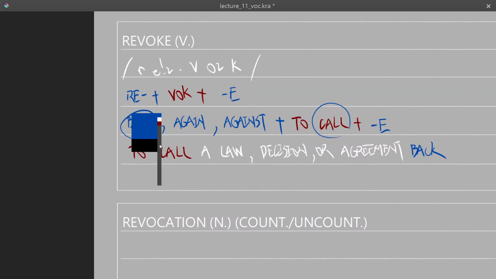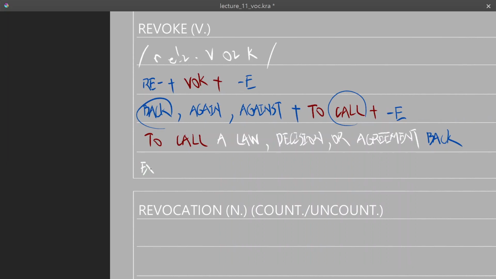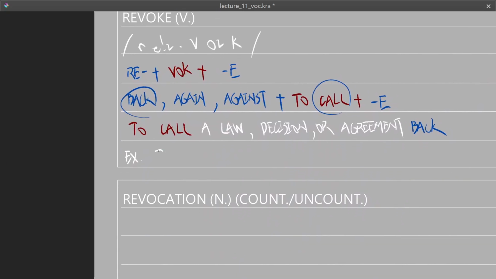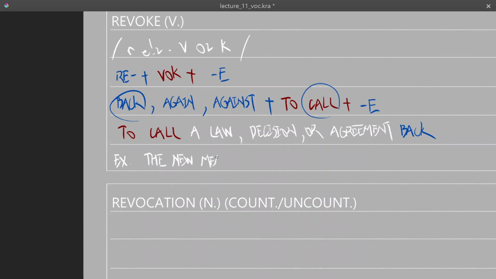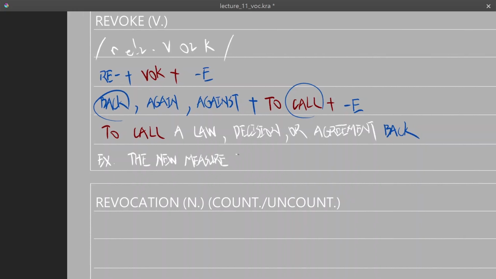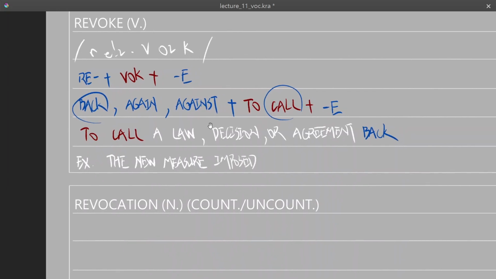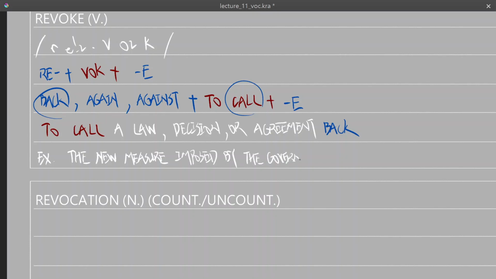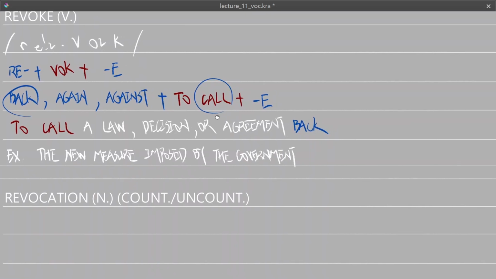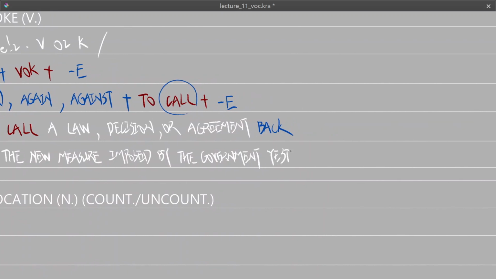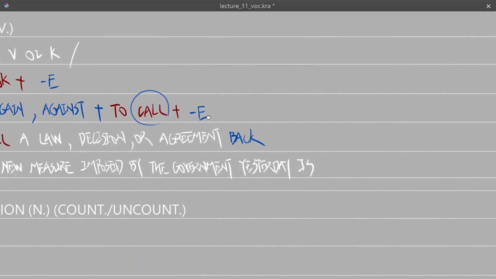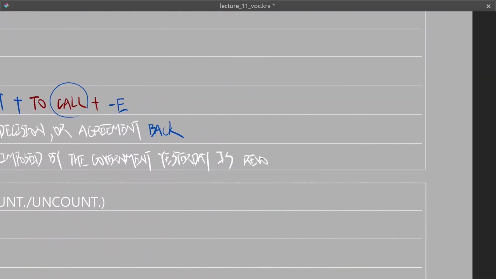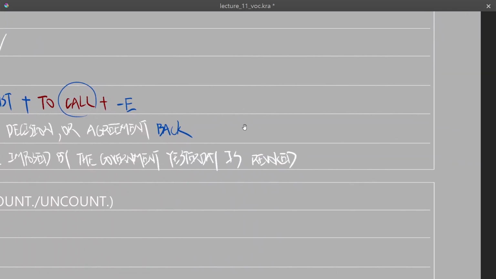Alright, so for example, let's say the new measure imposed by the government yesterday is revoked abruptly.